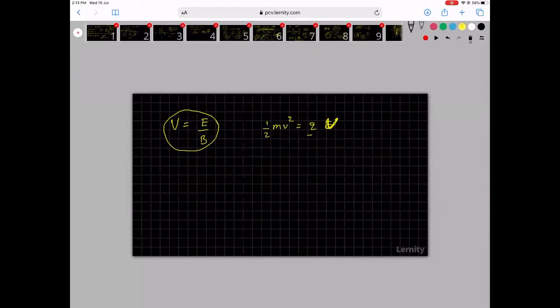You have no idea of Q, but you can still try to work it out. So you can bring the M down. Then you can take this 2 and put a root over. From there you can get some approximate velocity. Now you got a velocity, you can try to equate them. Now when you work with them, you get a Q by M ratio. So once you get the Q by M ratio, you can say that it may be this, it may be this. Beyond that, you can't say anything.